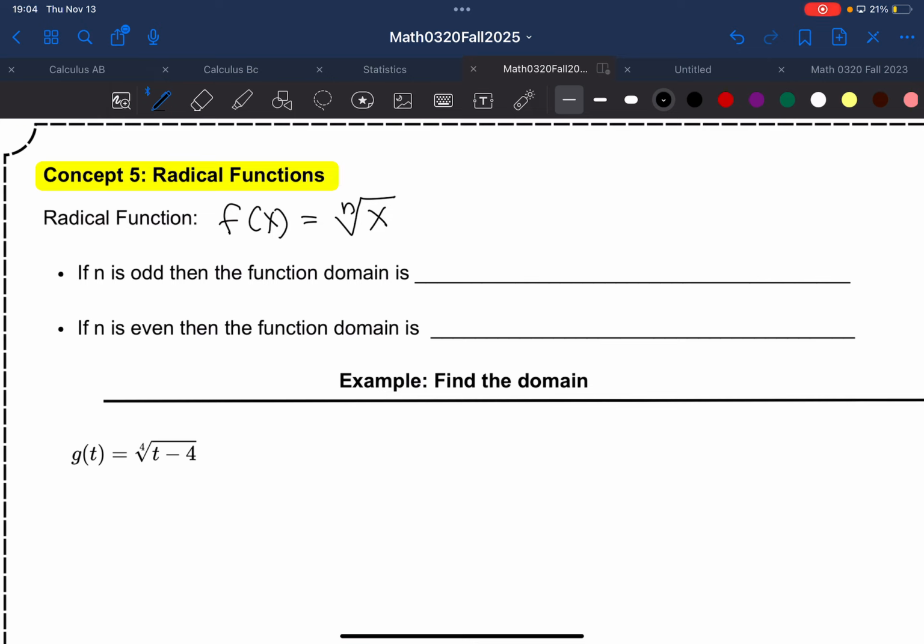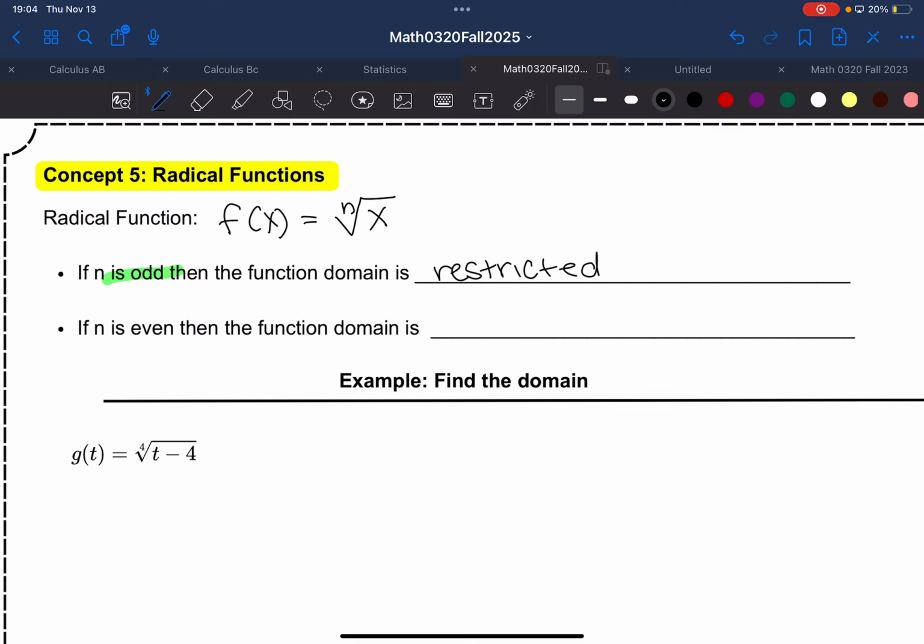So to determine what the domain is, we look at what n is. So if n is odd, then the function's domain is restricted. And what that means by restricted is there's going to be a value that is going to cause us to have no solution.